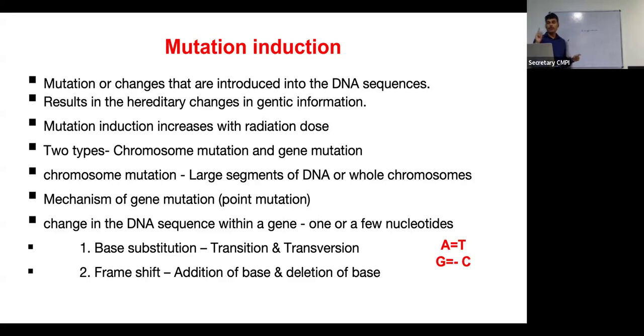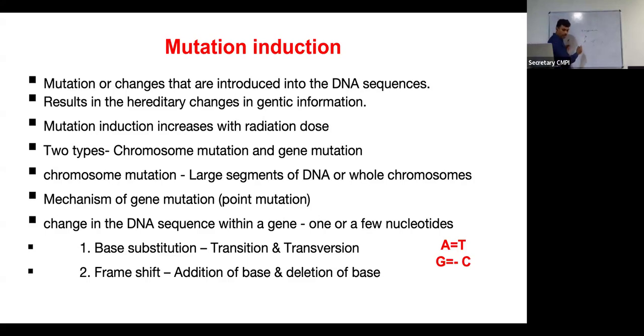Now point mutation can be of two types actually. One is called the base substitution. Simple. You have purines, adenine and guanine, and pyrimidines, thymine and cytosine. Base substitution can be transition or transversion.